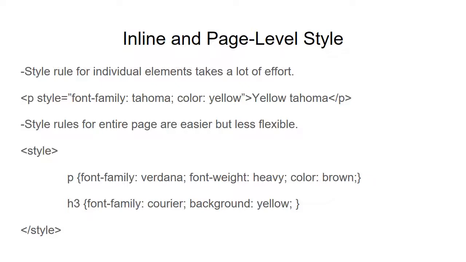Like I said before, you can add style to an individual element, but when you do that, the rule only applies to that individual element. So you'd have to write the style for every single element. That's not useful. Much more common is you write a style rule for a whole page. That's what you see on the bottom.